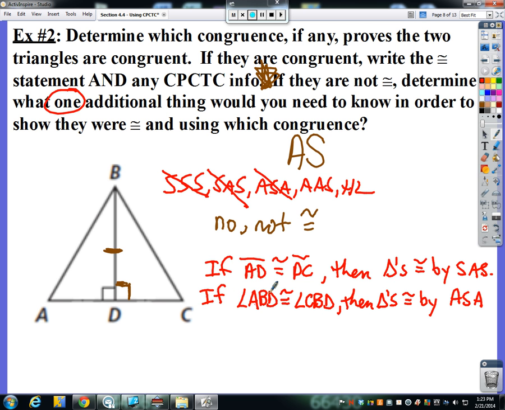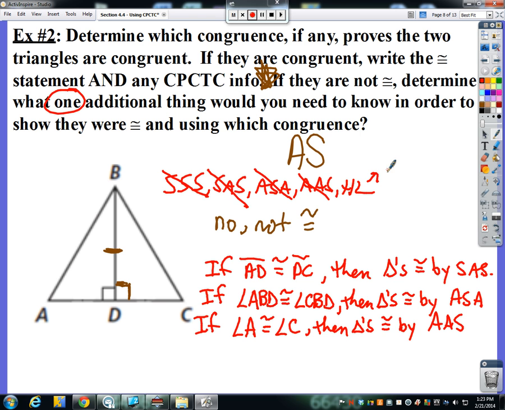Could I accomplish angle, angle, side? Yeah, I would need to know one more set of angles. And it's got to be the other set that I haven't talked about at all, which are angle A and C. So I could say if angle A was congruent to angle C, then triangles congruent by angle, angle, side. So that takes care of that.